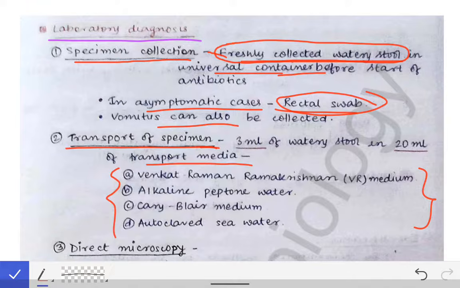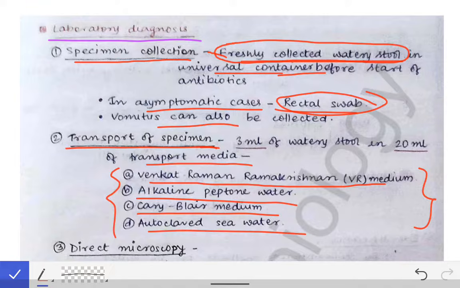So for the transport of a specimen, the different transport media that we use are the Venkatraman Ramakrishnan medium, the alkaline peptone water, the Carey Blair medium, and the autoclaved sea water. These are the four media that we use for the transport of specimen in cholera suspects. In what ratio do we transport the specimen?